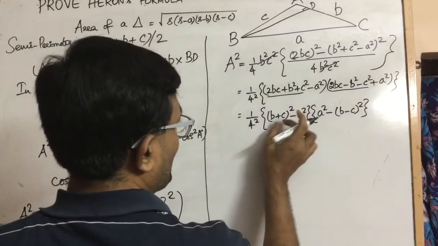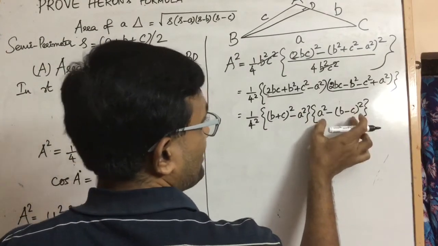Now this is again in the form P squared minus Q squared, as is this expression.